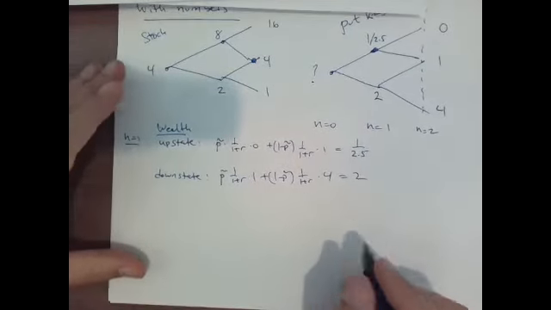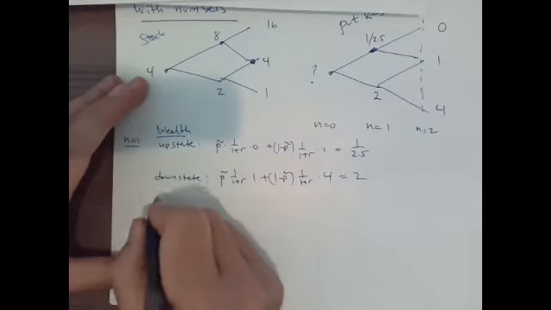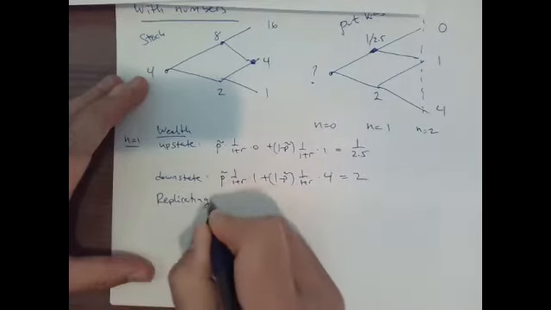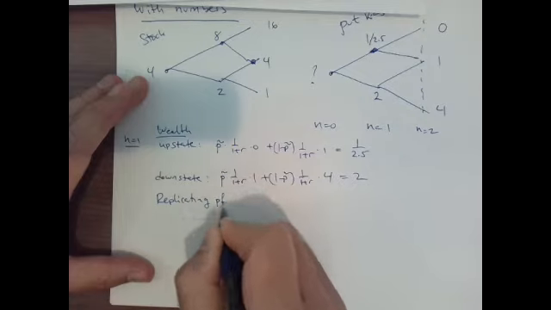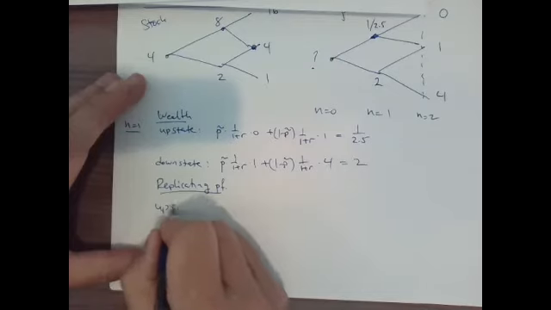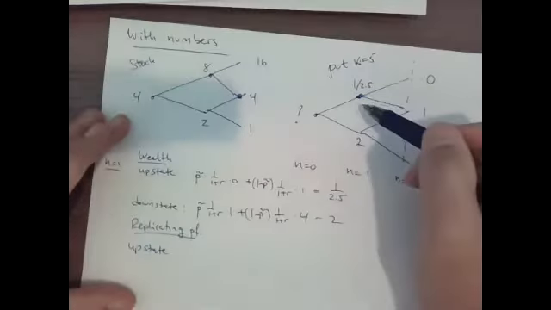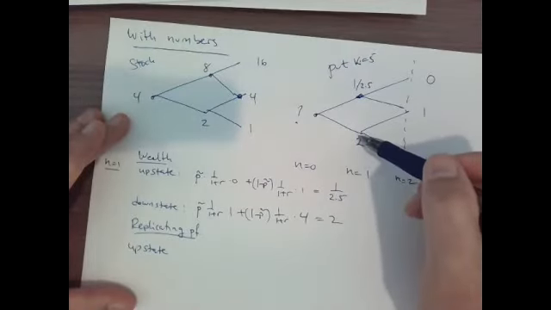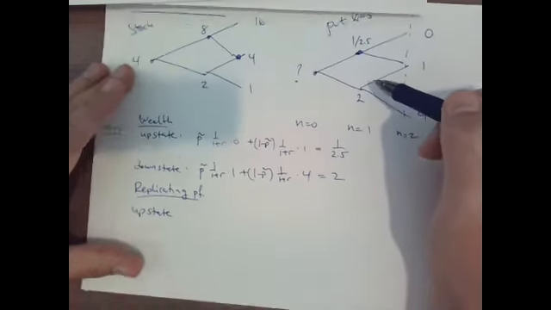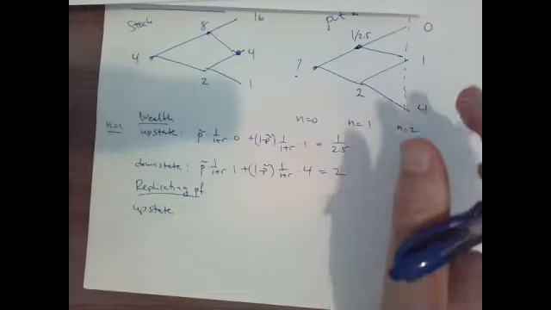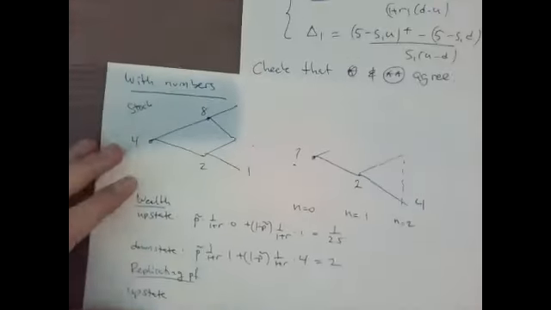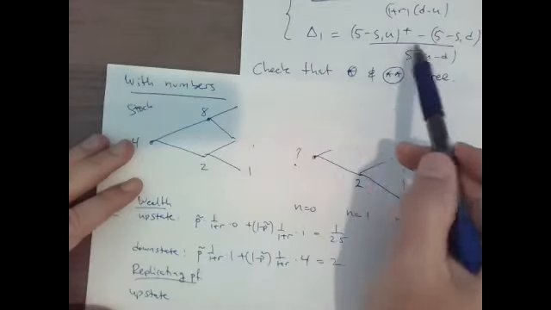Now we can do the replicating portfolio. If I am in the up state, I want to know how much I should be buying up here, and how much I should be doing down here. So we use the formula we have up here.